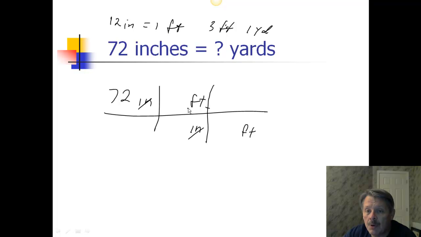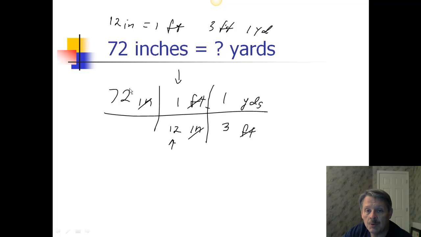I want to get rid of feet, and I can go from feet to yards because I have those 2 conversions up above. Now you'll notice when I do this, I always put in the units first, and then I go back and put in the numbers, because now I'm just looking at this conversion factor right here, and I'm looking at my feet to my inches, and I realize that for every foot, I have 12 inches. And over here for yards, for every yard, I have 3 feet.